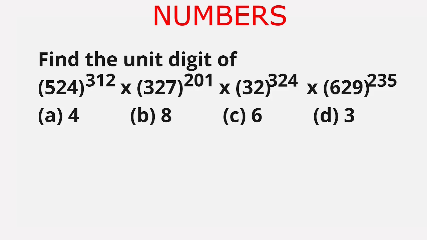In this video, we are finding unit digit in questions of math solution. Our question is, find the unit digit of 524 to the power 312 multiplied by 327 to the power 201 multiplied by 32 to the power 324 multiplied by 629 to the power 235.